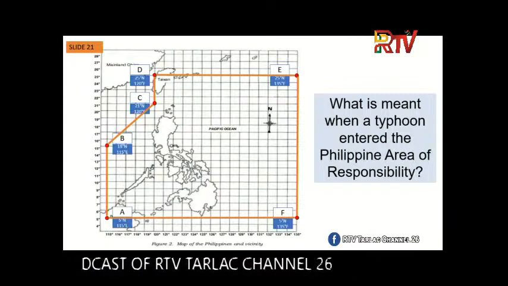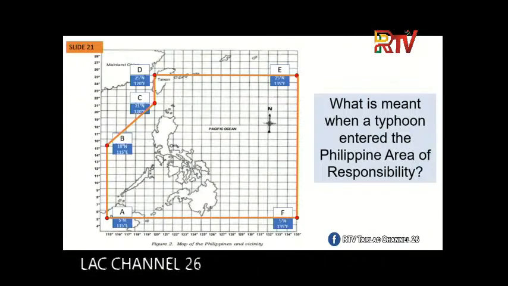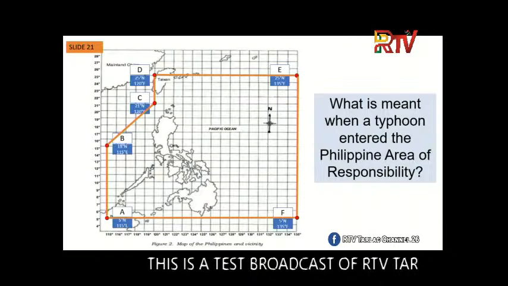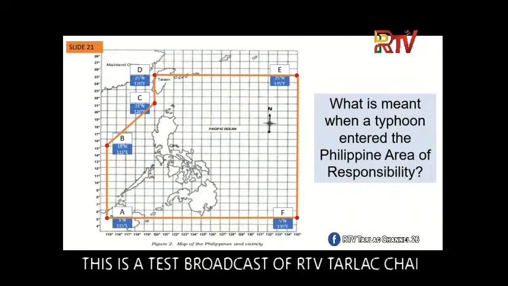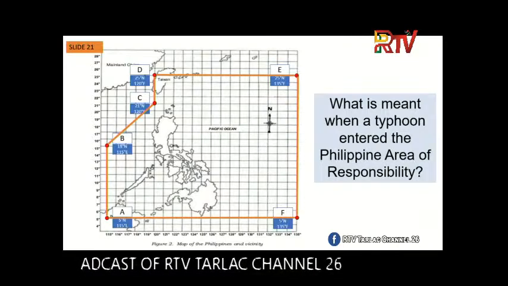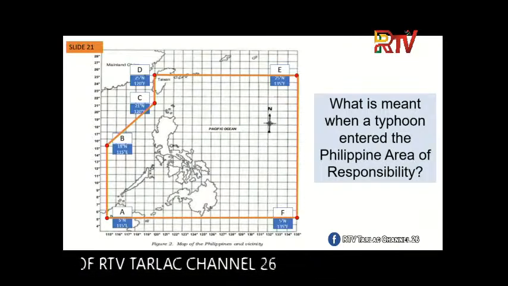When a typhoon enters the PAR, it means it already has the capacity to make landfall on a certain area inside the PAR. When a typhoon is outside the PAR, it has an international name. When it enters the PAR, our weather agency PAG-ASA names the typhoon based on the local name as a sign that the weather system enters the country.